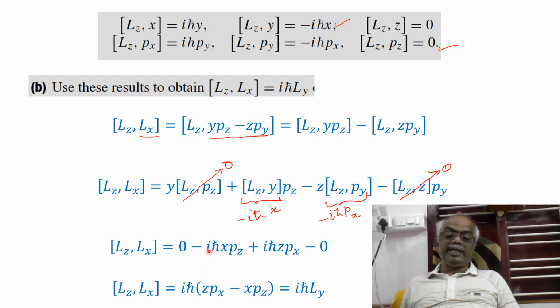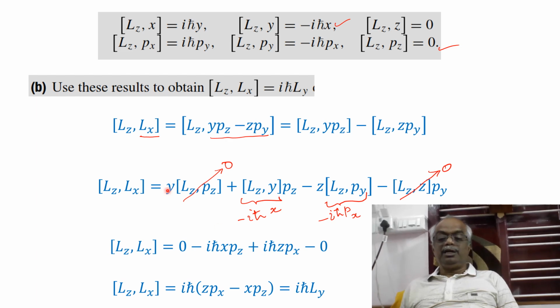So you take iℏ cross as common, you bring the positive term first, that is zpx minus xpz. What is this one?